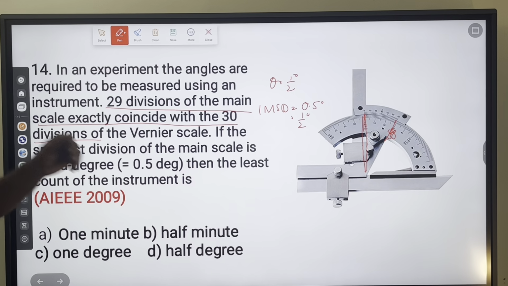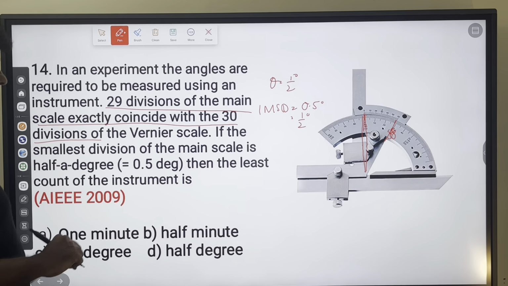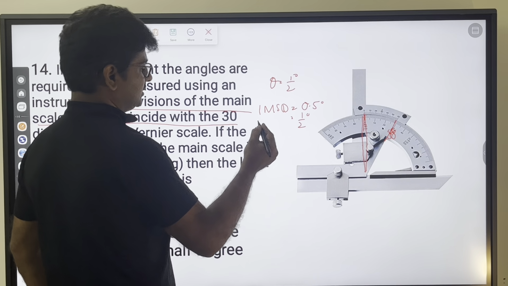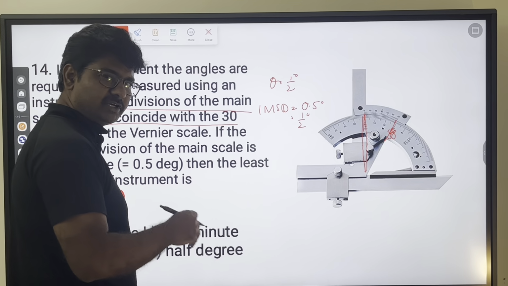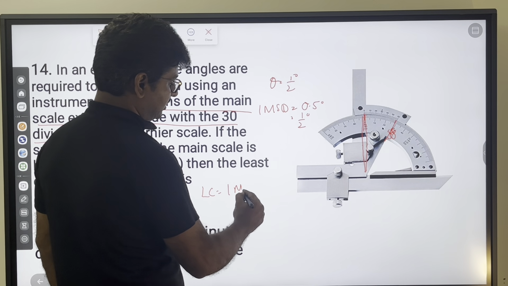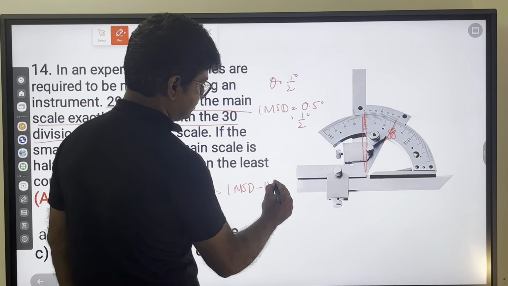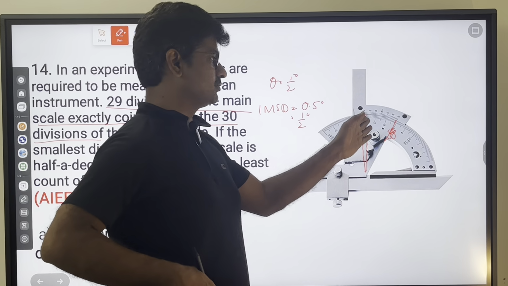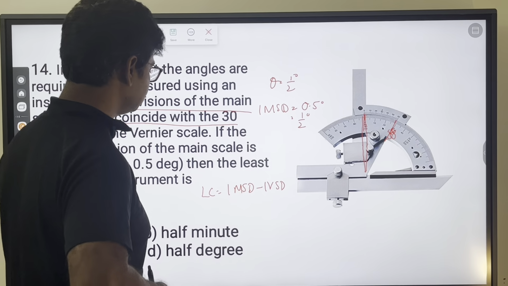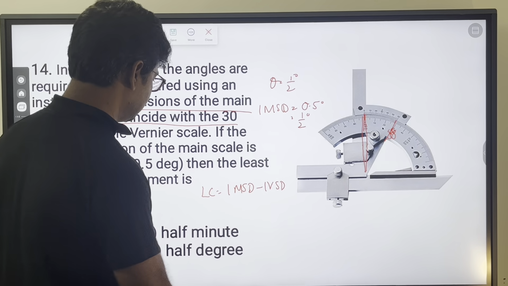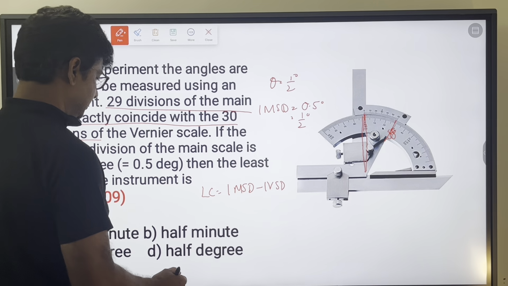Then the least count of the instrument: whether it is angular measurement or linear measurement, it doesn't make any difference. Least count is 1 MSD minus 1 VSD. Whatever the concept you have in linear scale, the same concept is applicable here, except that that happens to be linear and here it is angular.